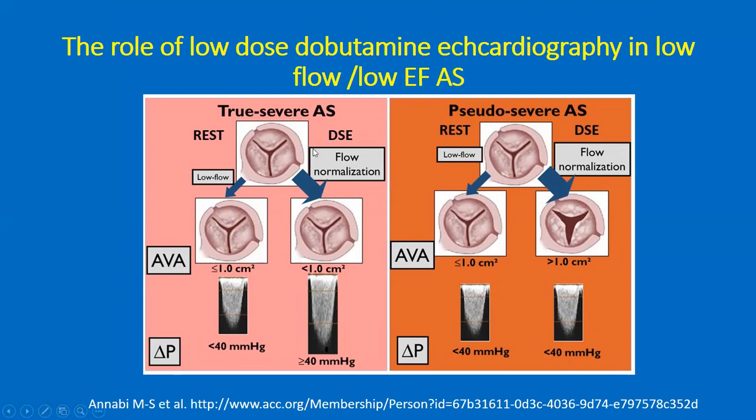So in true severe aortic stenosis with normalization of flow, aortic valve area remains under 1 centimeter square, whereas the gradients will increase above the 40 millimeter mercury. Whereas in pseudo-severe aortic stenosis, with normalization of flow, we see an increase in aortic valve area, in this example, more than 1 centimeter square, and the presence of similar low gradients under 40 millimeter mercury.